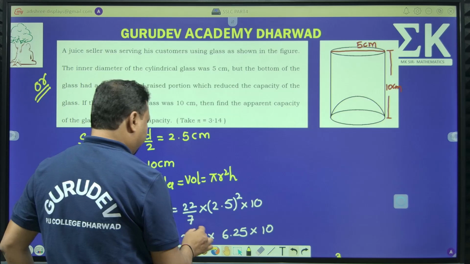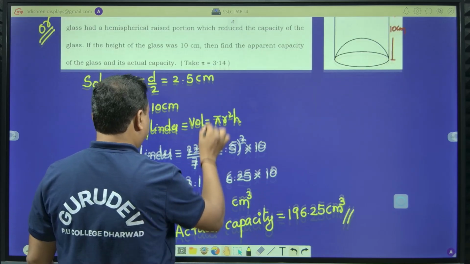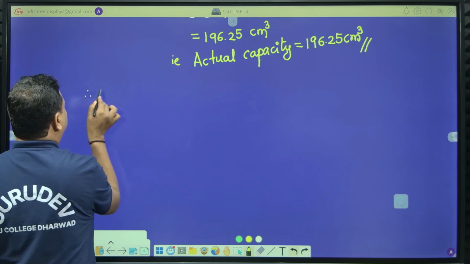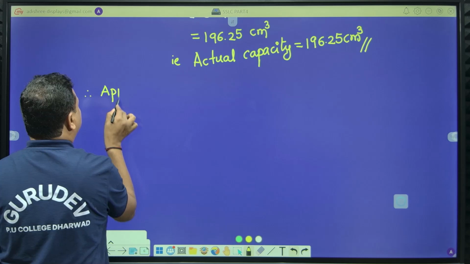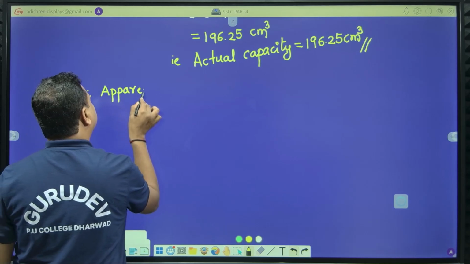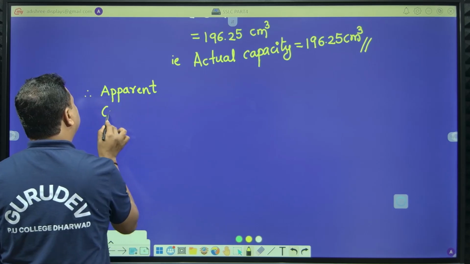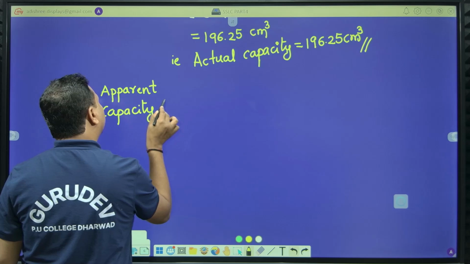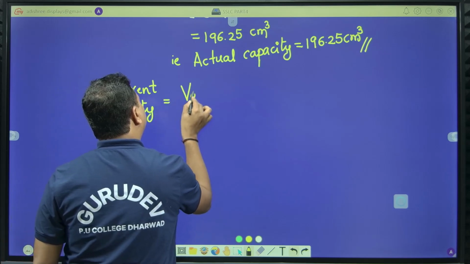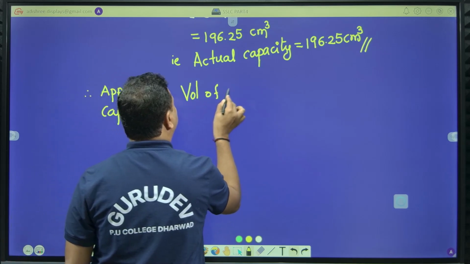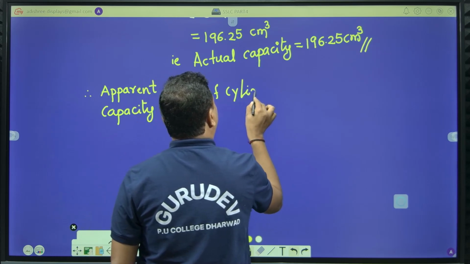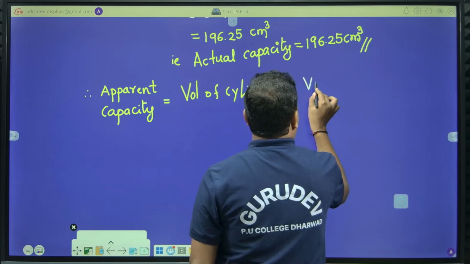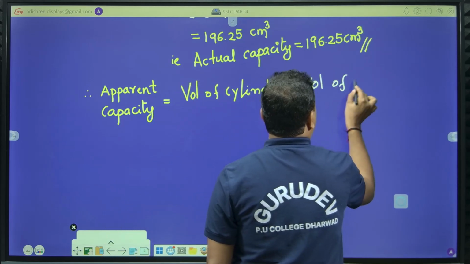Therefore, the apparent capacity is equal to the volume of the cylinder minus the volume of the hemisphere.